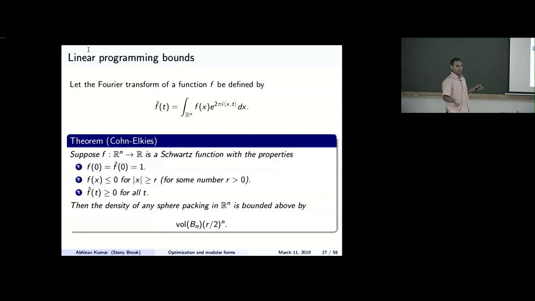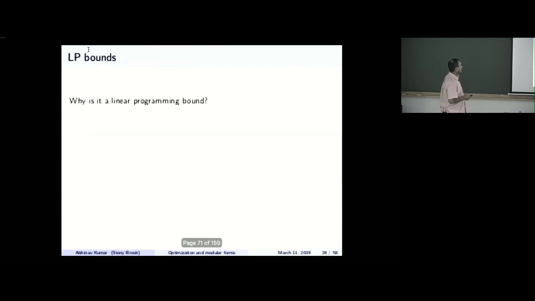If you write down the dual program, that's what ends up being the linear programming bound. You get some objective function on a space of functions, and that gives you a bound. But we'll see it when we write down the proof, so it'll become a little more clear.